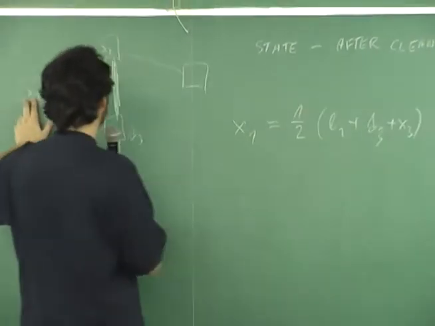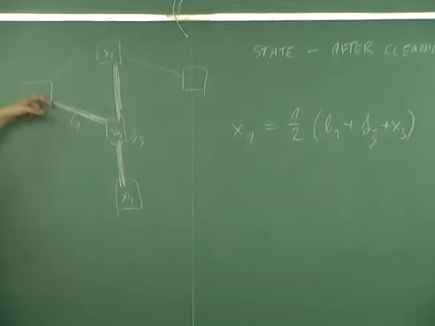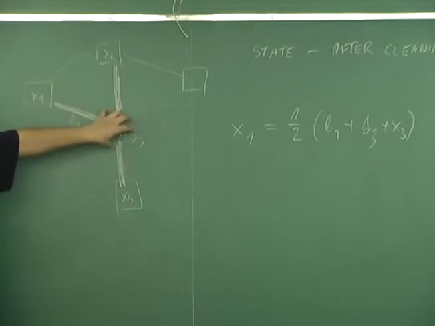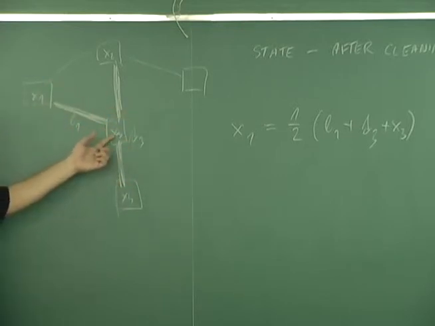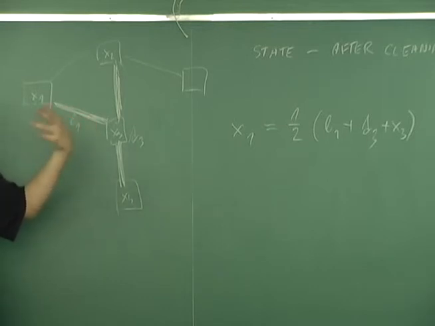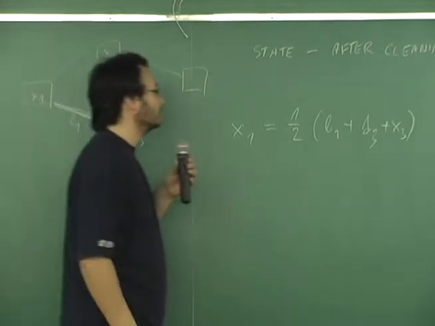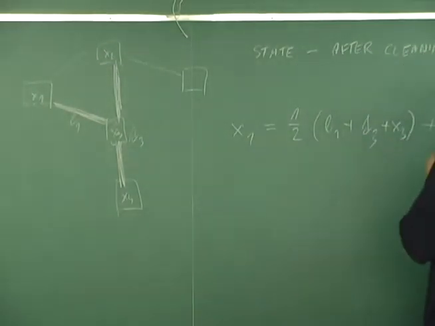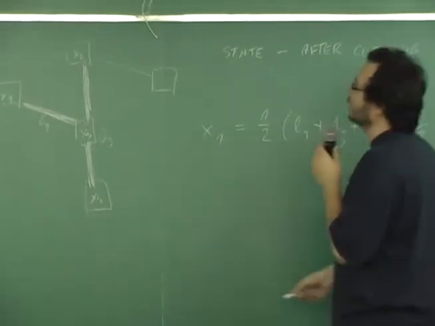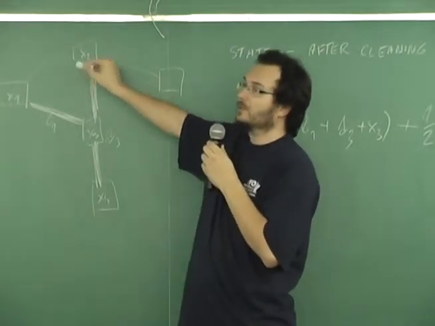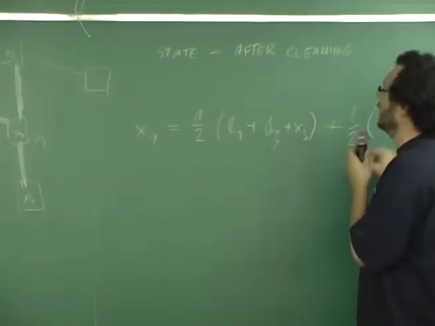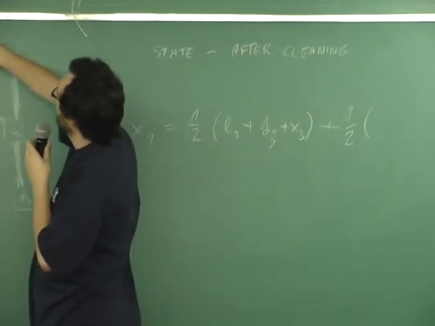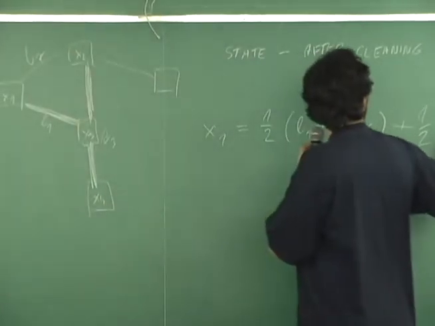If in this state that is described by the variable x1, I pick this corridor, then the total time it will take me will be this time for cleaning the corridor, plus the time for cleaning the room, plus x3, which is the variable saying how much time I need on average if I start here and have these edges clean. And in the other 50% of cases, I will pick this edge, and in this case, I will pay the cost for this edge, which can be like L7.